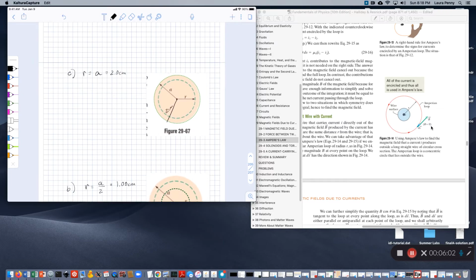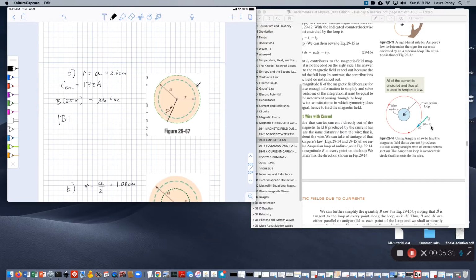All right, part C says, what if you're at the radius of the wire? So here's my Amperian loop for this one. I'm right on the edge. The current that's enclosed is still, just barely, all the current enclosed at that location. So again, my crazy integral just equals mu naught I enclosed.